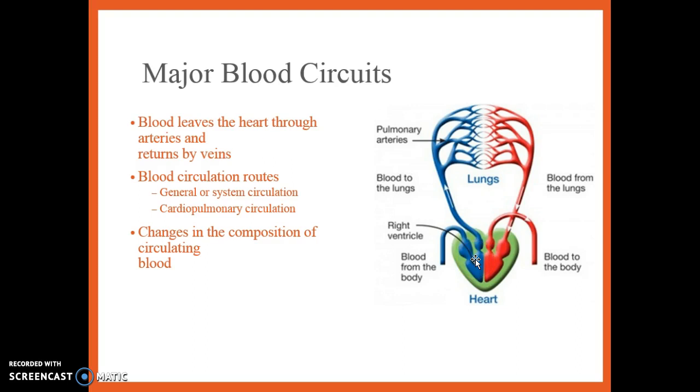They're referred to as the cardiopulmonary circulation, when it's going from the heart to the lungs, or the general or systemic circulation, where it's going from the heart to the body and back to the heart again. Depending upon which circulation route you're in, the components of the blood will be different.